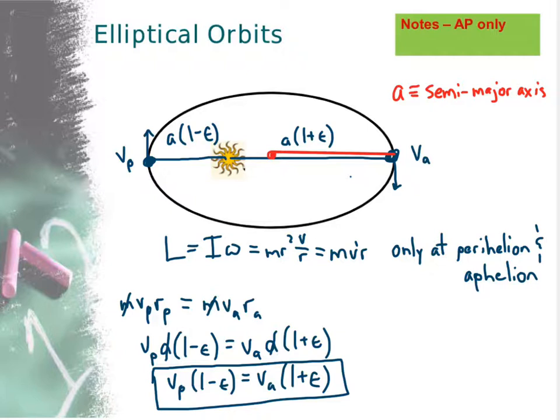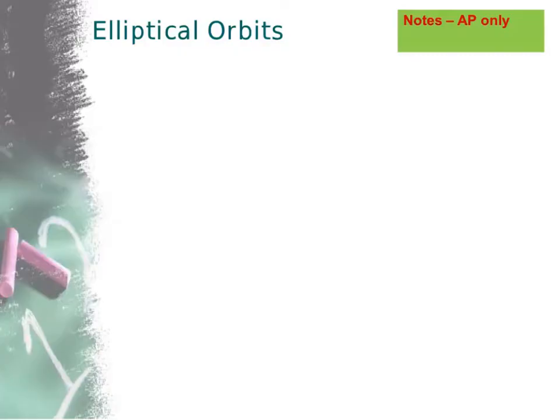Now, if you were to use conservation of energy at these two points, you could actually come up with the velocity at perihelion and the velocity at aphelion.